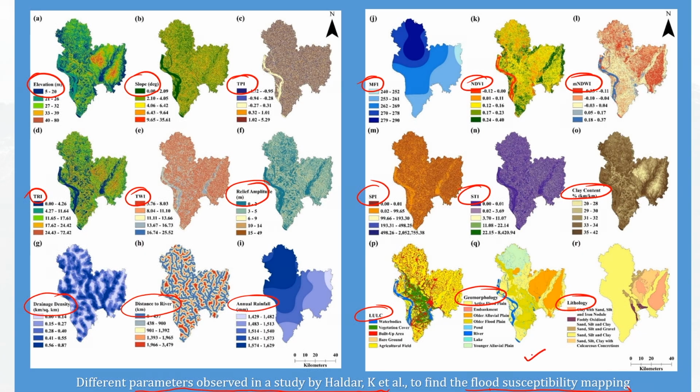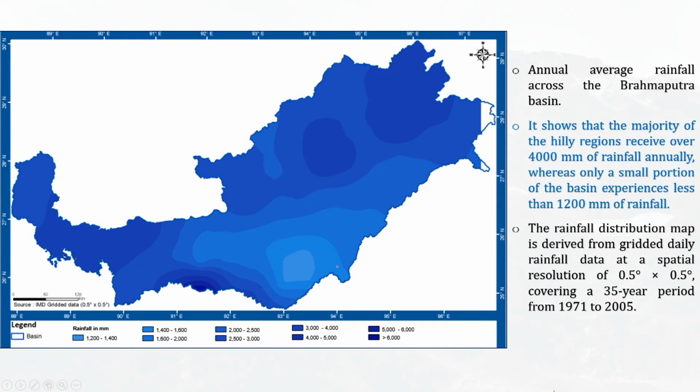All these maps were derived from the remote sensing data, and then he used them together to derive or to map the flood susceptibility of this particular area, right. So here this is another example from indiavaris.gov.in.